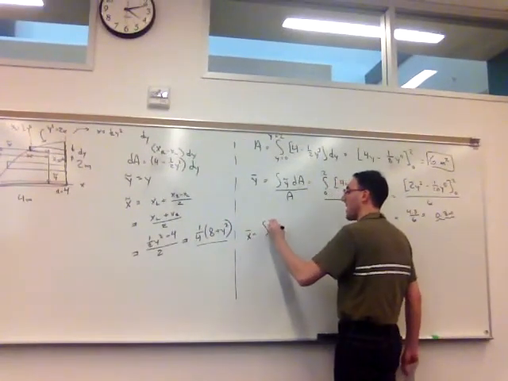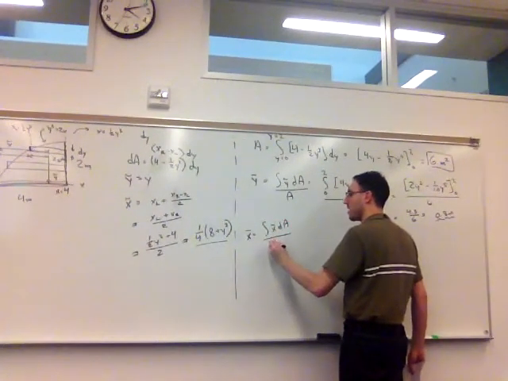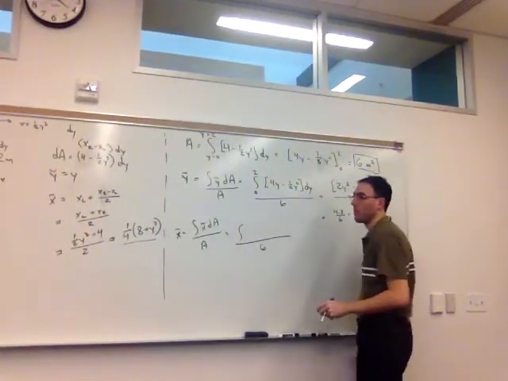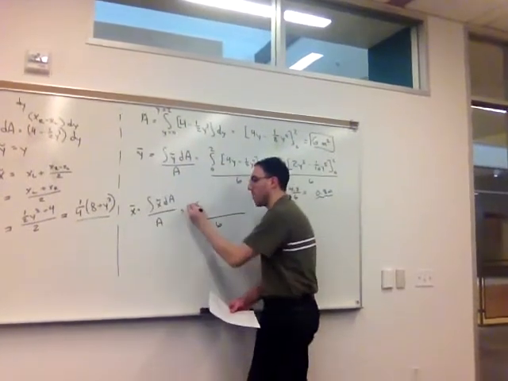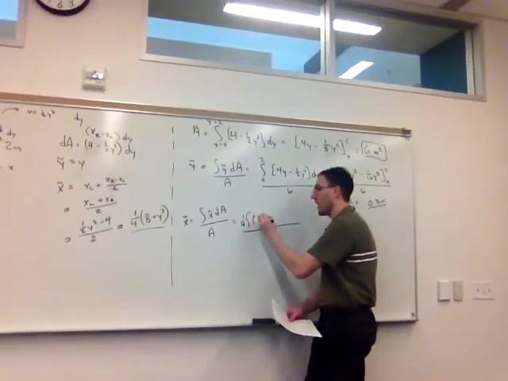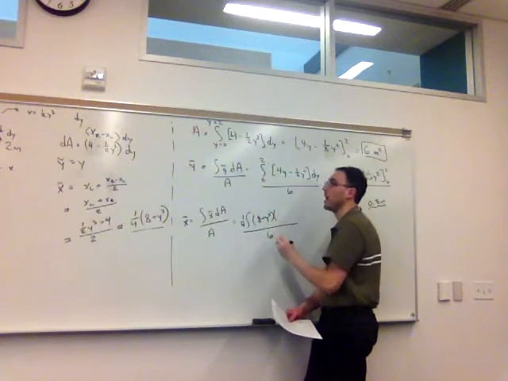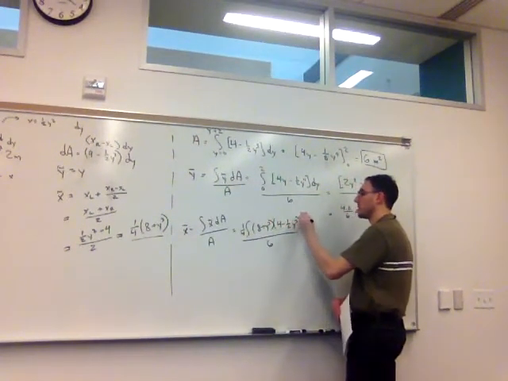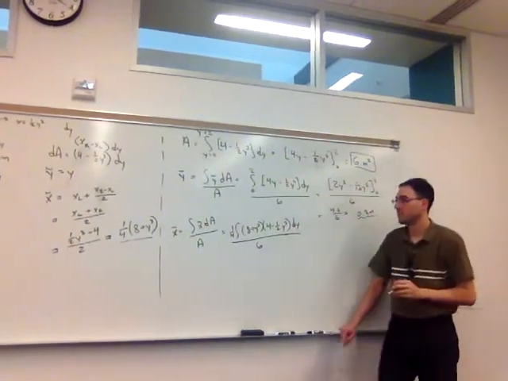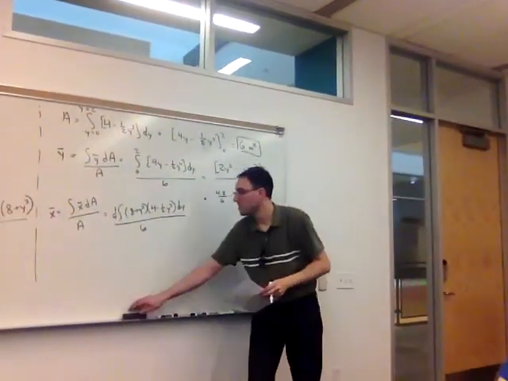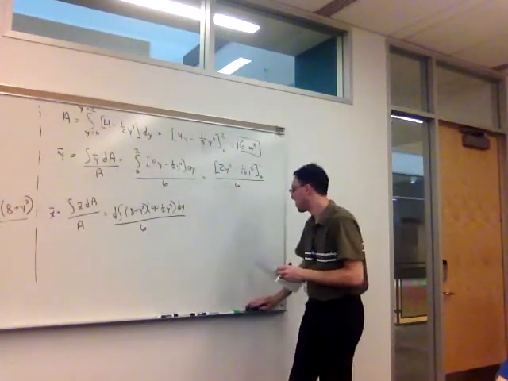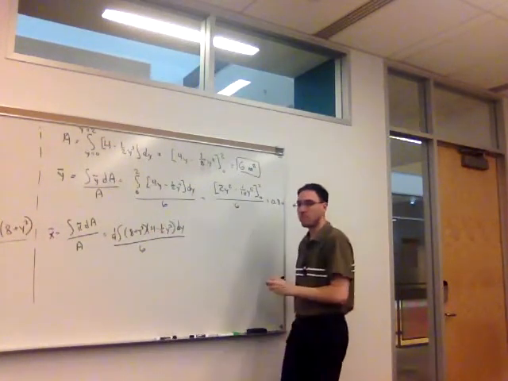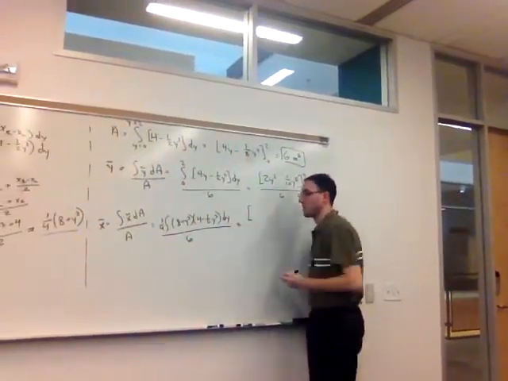And then finally, x bar will be the integral of x tilde dA over A. X tilde is a little bit more complicated here. I can take that 1/4 out. So 8 plus y cubed times dA, 4 minus 1/2 y cubed dy. I'll skip a little bit of the math.